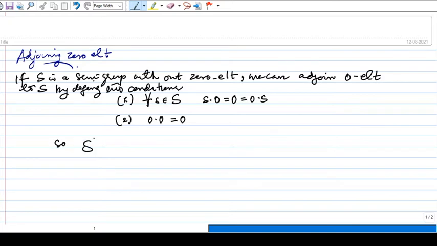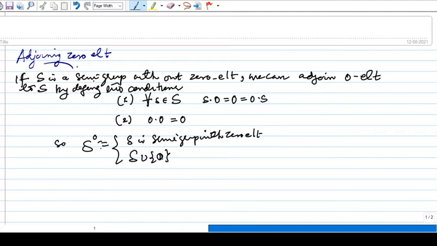So by S power 0, what we mean by this is either S is a semigroup with zero element, or S union 0 as described above.